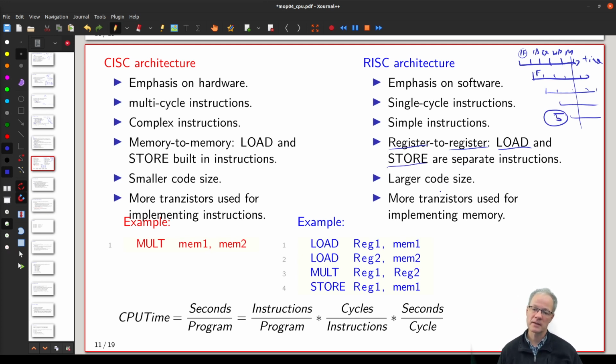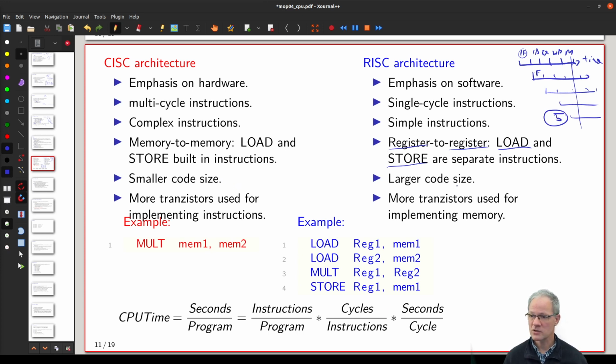Seems very restrictive, but it really simplifies the whole world of architecture, which means that you can actually predict its performance better and you can optimize it better. CISC architecture may have smaller code size because the instructions are kind of smarter, if you will.